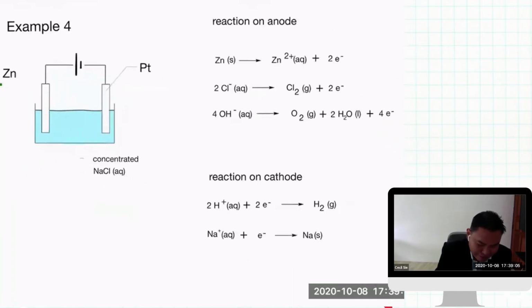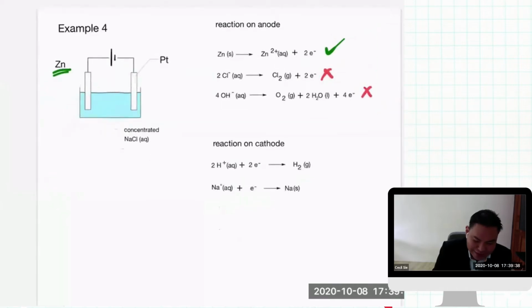Very simple. You must choose zinc. The moment you see the anode is not inert, you must choose that. The other 2 is less priority. So remember, the moment you see the electrode is not inert, you must choose that reaction. You must dissolve that metal. Zinc turn into zinc 2 plus 2 electron. So that's it.